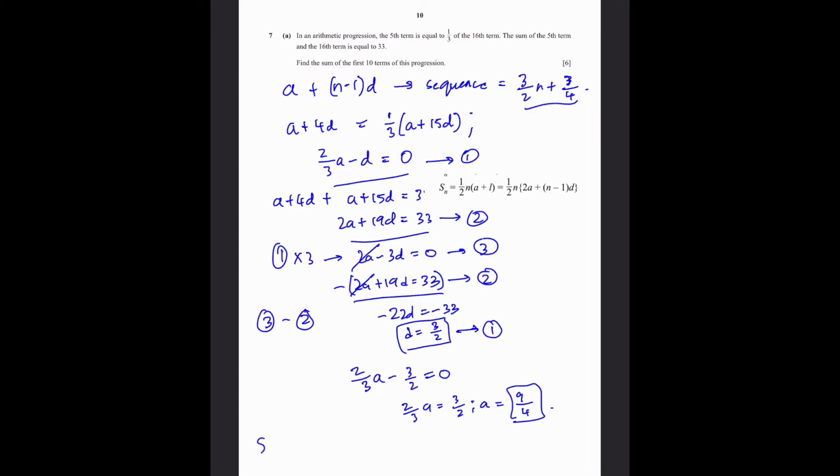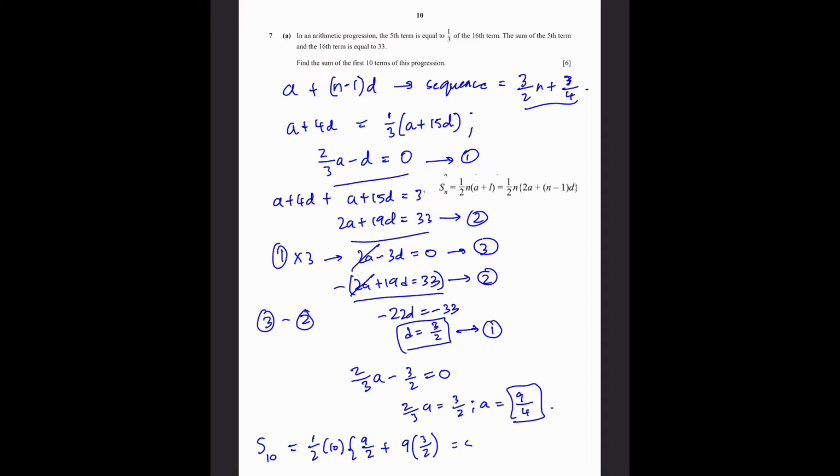So s of 10 is equal to half times 10 times 2a, which is 2 times 9 by 4, 9 by 2, plus n minus 1, which is 10 minus 1, 9, times, what is d? As we know here, 3 by 2.